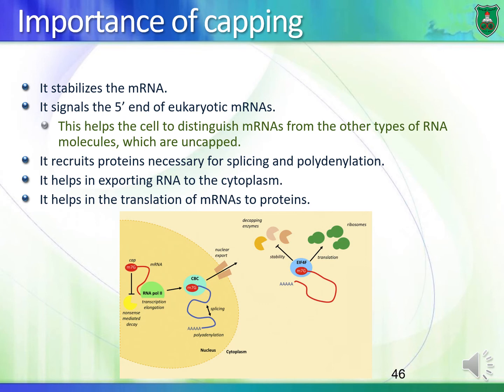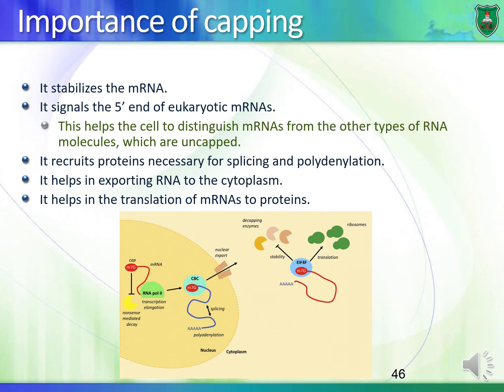Okay, so it's almost like it's wearing a hat so that no one can degrade the messenger RNA from the 5' end. No one can hit it on its head. It's protected. And at the same time, by looking at the hat, everyone knows that this is a messenger RNA.